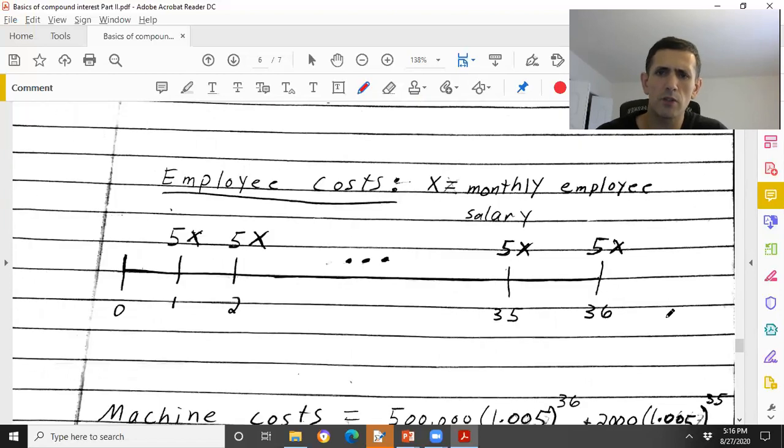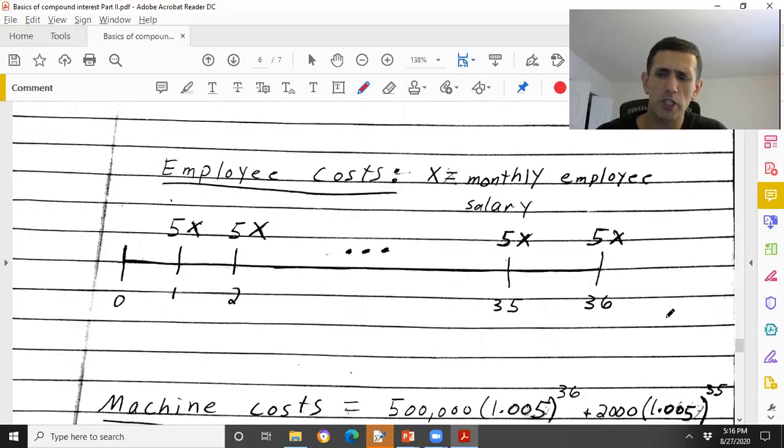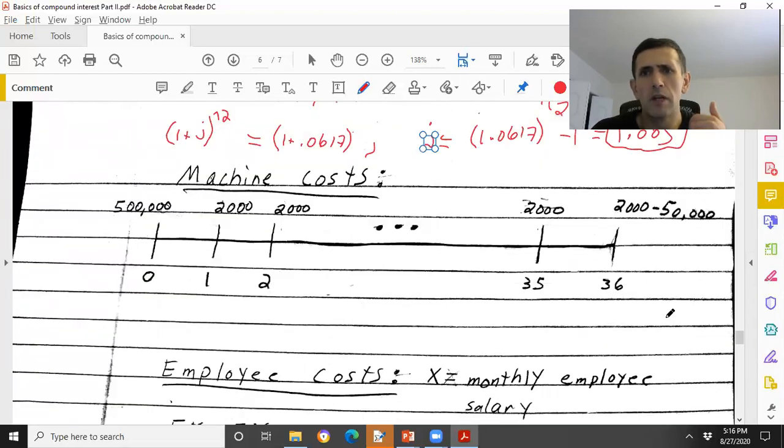Okay, so let's use this to get the actual machine costs. Here there's really no super convenient reference time. Let's just make the reference time at the end of the 3 years. If you want, you can make it at the beginning of this whole 3-year period.